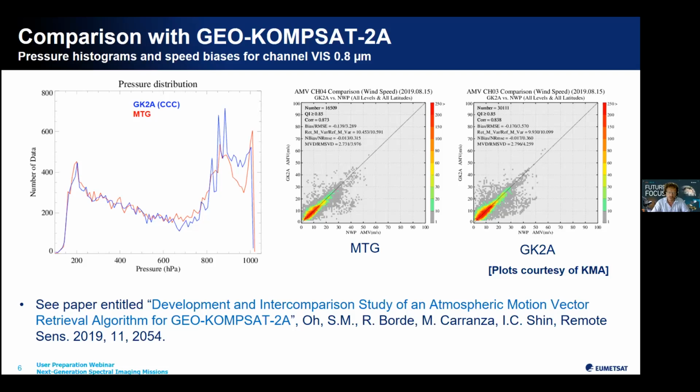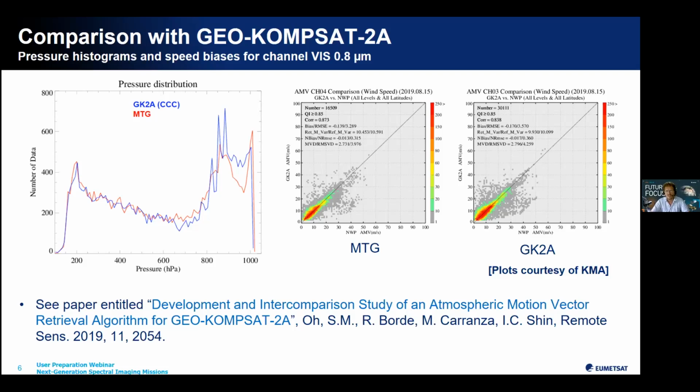MTG used the cloud product developed at EUMETSAT at the time of the study, but at this time the cloud product was not very good. And the EUMETSAT algorithm did perform separate assignment process.